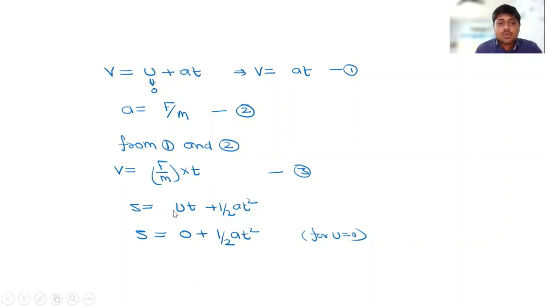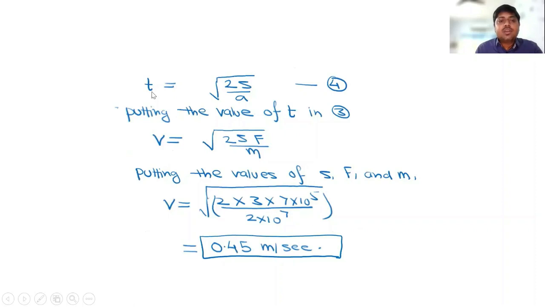Here, because the initial velocity was 0, this term is again 0, and we are left with s is equal to half at square. So from here, we can write the time in terms of displacement and acceleration.